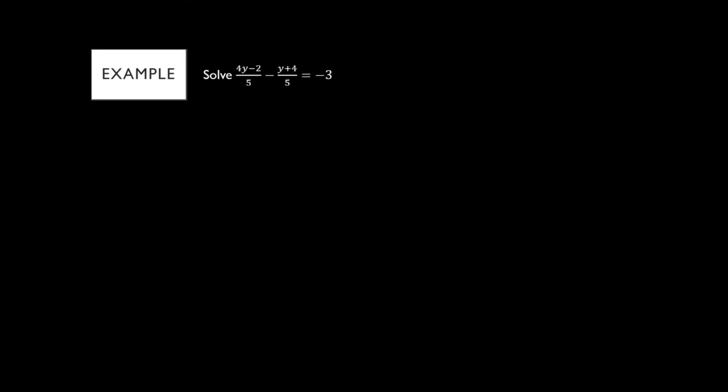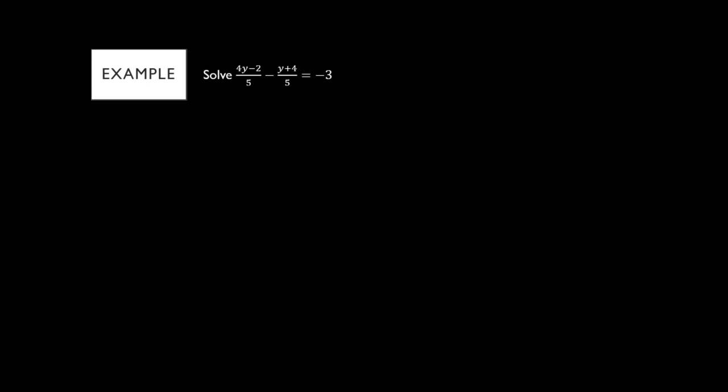Okay. Now, this is my last example that I have for you guys, and this is a tricky one. I want to do this one because there's a way about how this is written that it's not so bad as it looks. So we have 4y minus 2 over 5 minus y plus 4 over 5 equals negative 3.